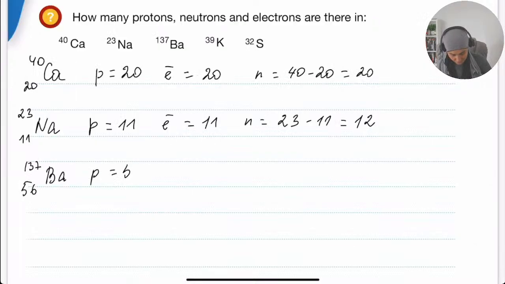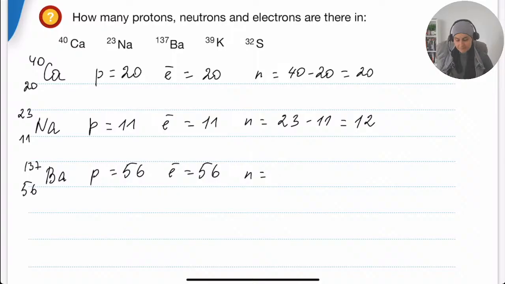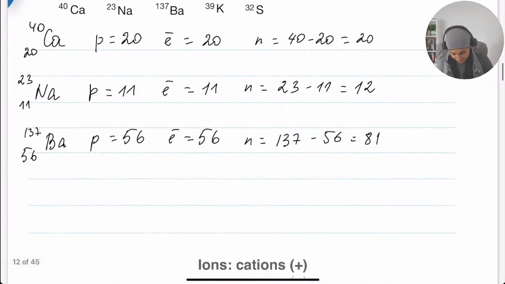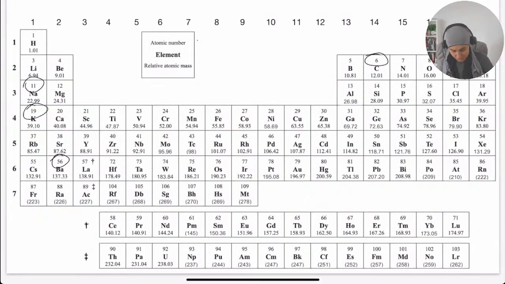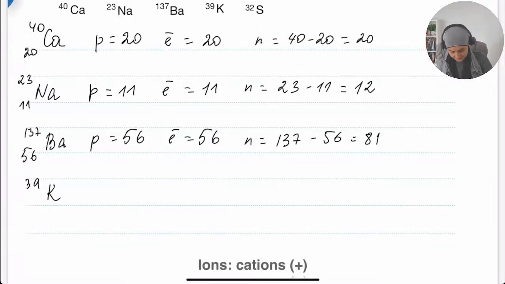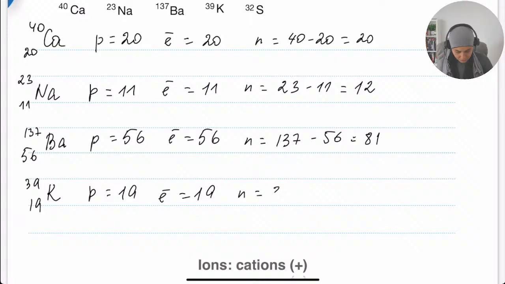So protons are 56, electrons are 56, neutrons are 137 minus 56, which is 81. 81 neutrons. Okay, potassium 39. Potassium has 19 protons, the atomic number is 19. Electrons are the same because it's a neutral atom. And neutrons, 39 minus 19, which is 20.